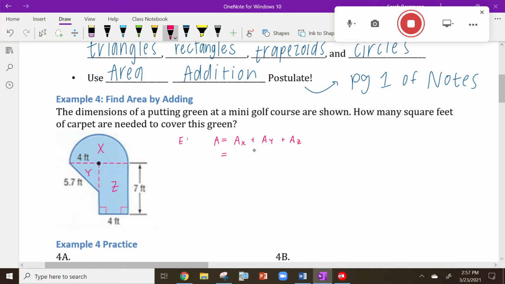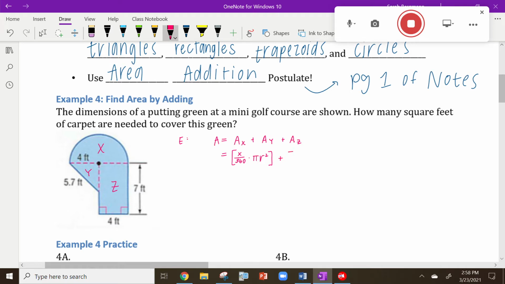Now, I'll have to go through and add in the formula for each of these separate figures. So, I have two steps in my equation this time. For the area of X, X is a semicircle. This is represented by a sector. The area of a sector is x over 360 times pi r squared.